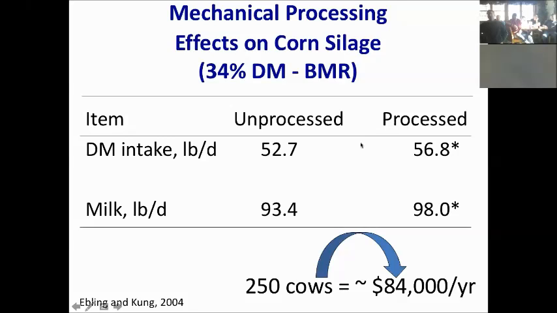And you can see the difference in intake and milk production from these cows just with the difference that processing made. Unfortunately, we didn't have a corn silage processing score back then when we did this study, because we actually did this study probably back in 2001 or 2.